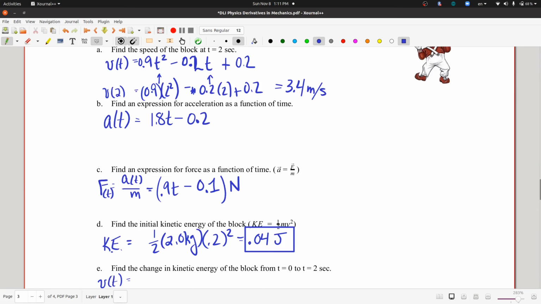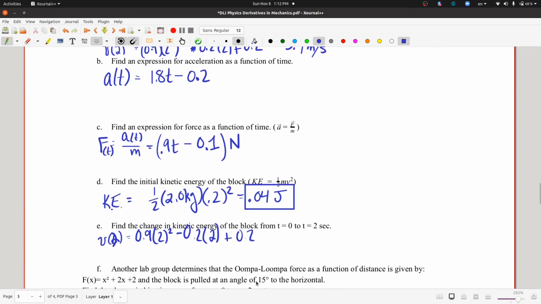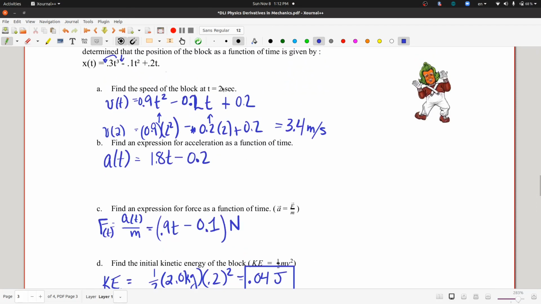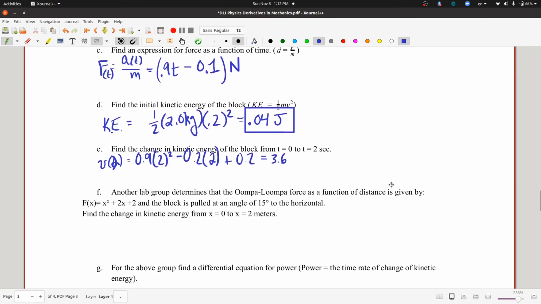So the v at 2 will be 0.9 times 2 squared minus 0.2 times 2 plus 0.2. We already found this number. Speed of the block at t equals 2 seconds, 3.4 meters per second.